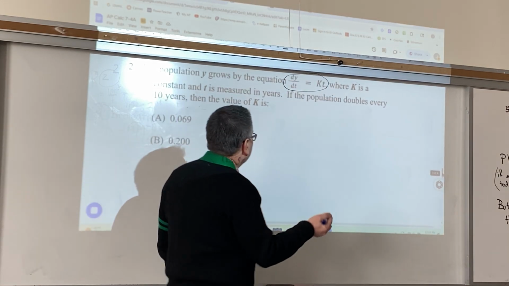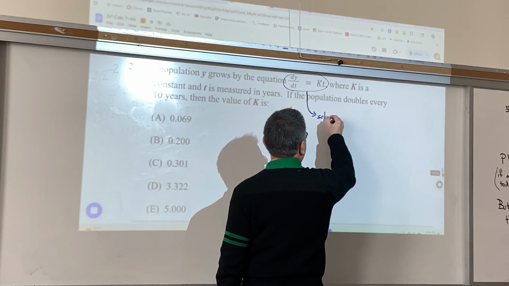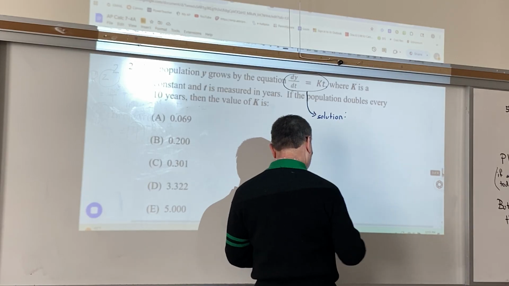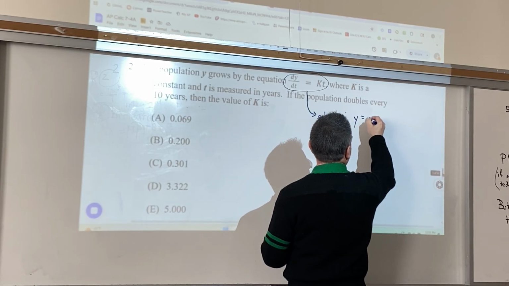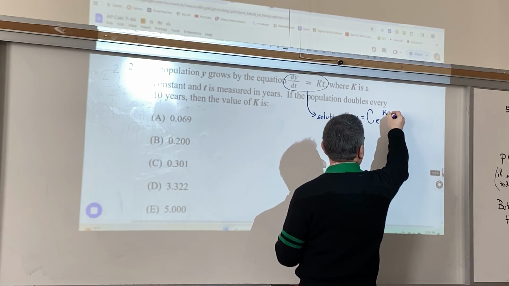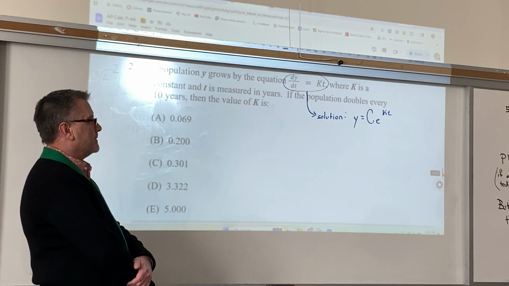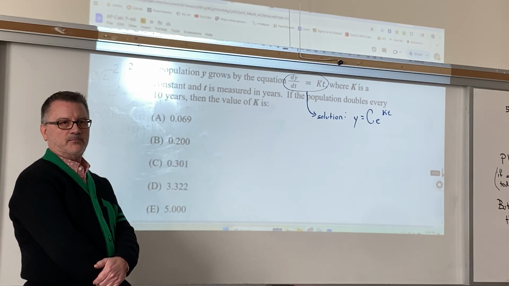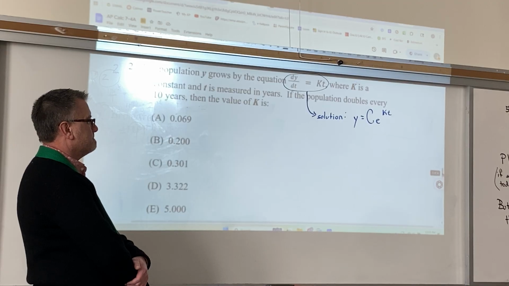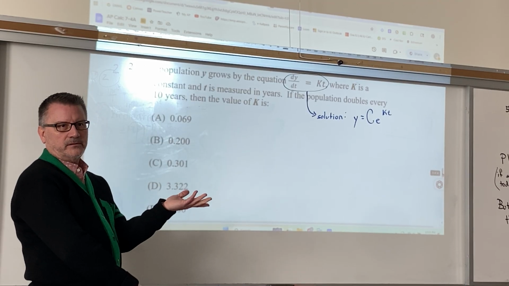So I know this is going to be a solution. Sometimes k is called the constant of proportionality. And we don't want to call it, hey, that's another constant. Well, it's not going to change.